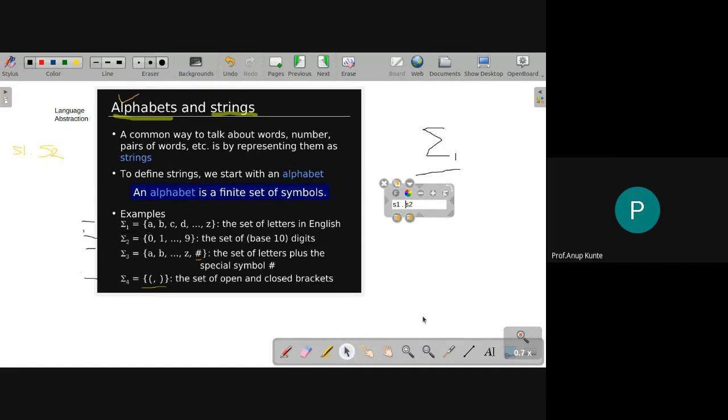The important thing that I'm discussing over here is what a string is. So say I have a symbol 1, I'm representing it as SYM1, and I have symbol 2, SYM2. Then there is an operation defined as the dot operation between them. What this operation does is, suppose these symbols are alphabets.